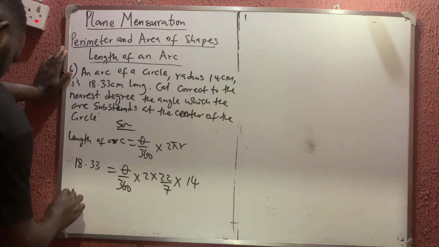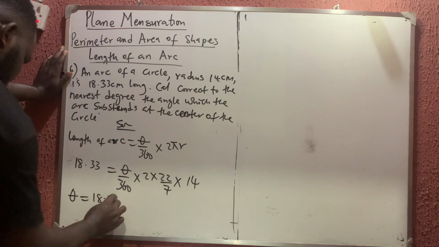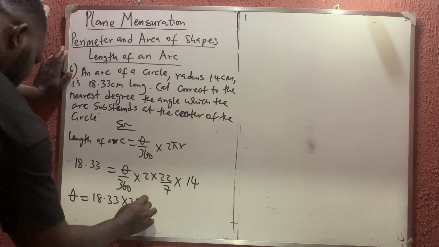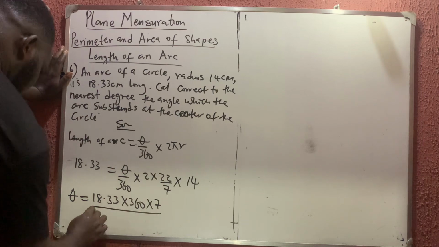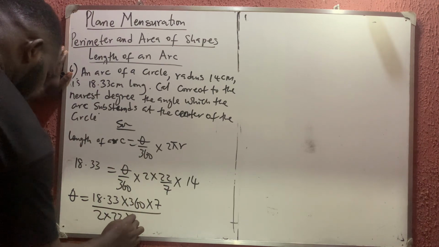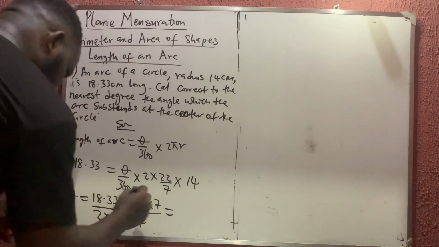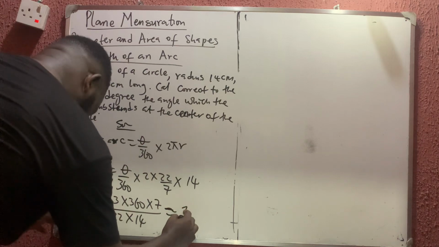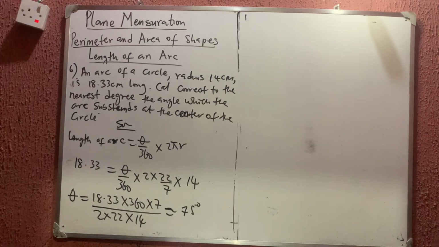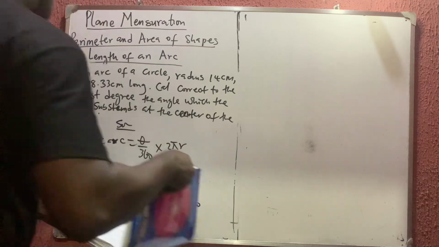Therefore my theta will now be 18.33 times 360 times 7, divided by 2 times 22 times 14. So if you do that, you will be having 18.33 times 360 times 7 over 44 times 14. My answer approximately is 75 degrees. Okay, that is that. We move to the next question.